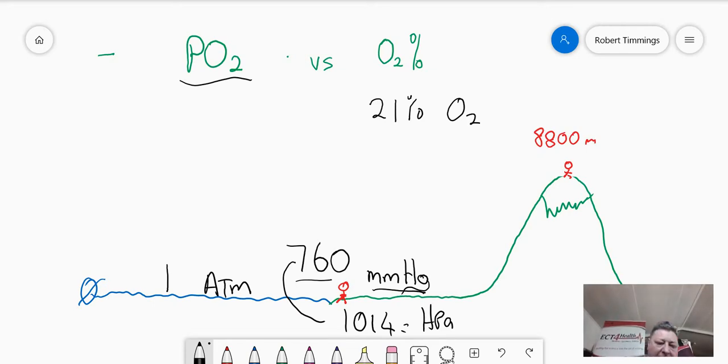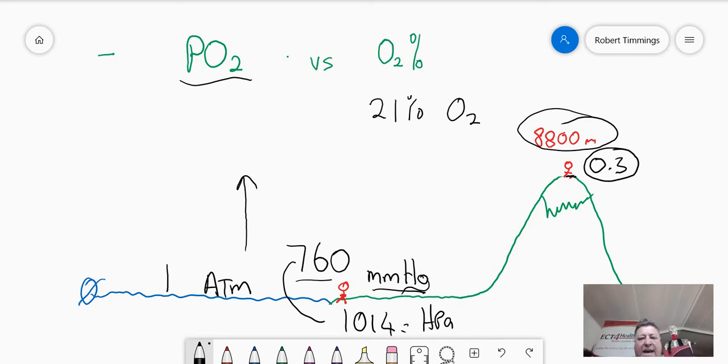But as I go up in altitude, let's say I went to the roof of the world, where Frank is sitting up here on the top of Mount Everest at 8,800 meters, then the atmospheric pressure actually drops. And the atmospheric pressure drops to around about 0.3 of an atmosphere.